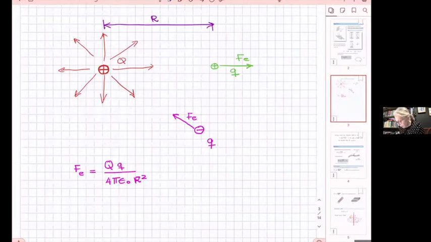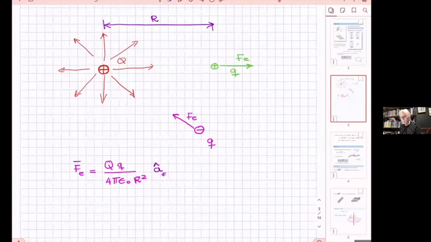And the direction of the force was along a unit vector that is shown here. It shows the direction of the force. It's along the axis that connects the capital Q charge with the other smaller charge, along that line, and it's either forcing the small charge away or it's pulling it towards. So it's going to have either one of the two directions depending on the polarity of the charge.